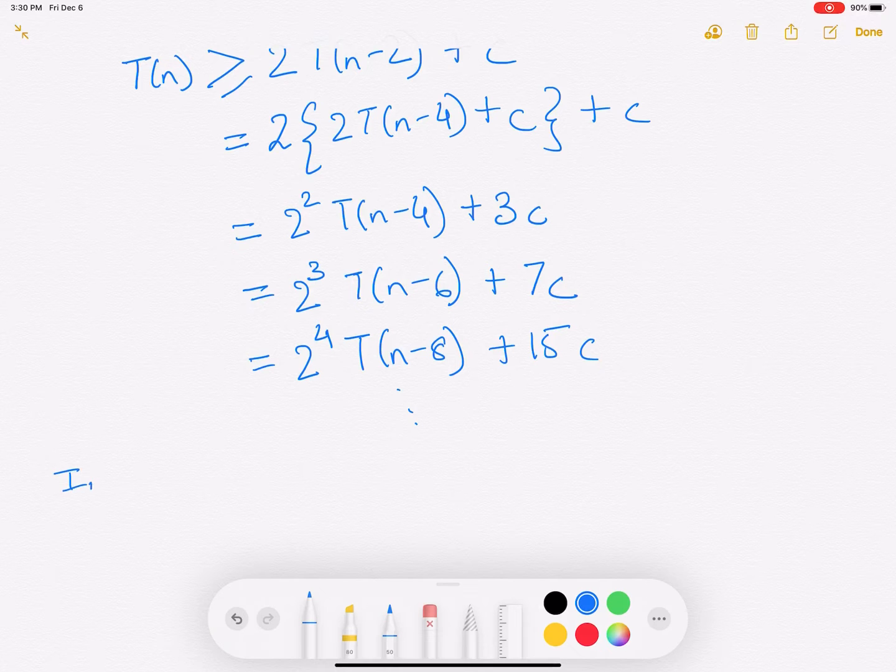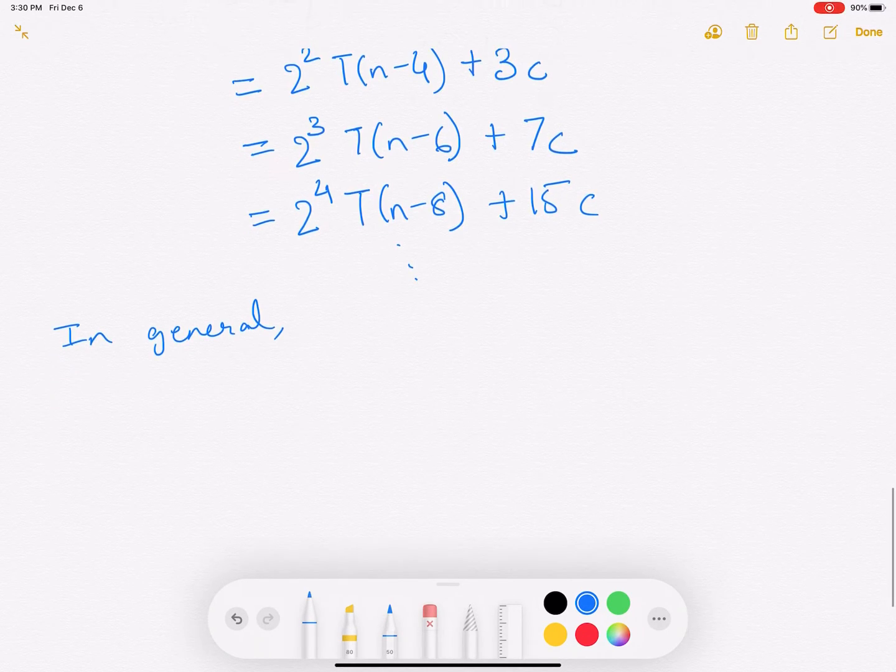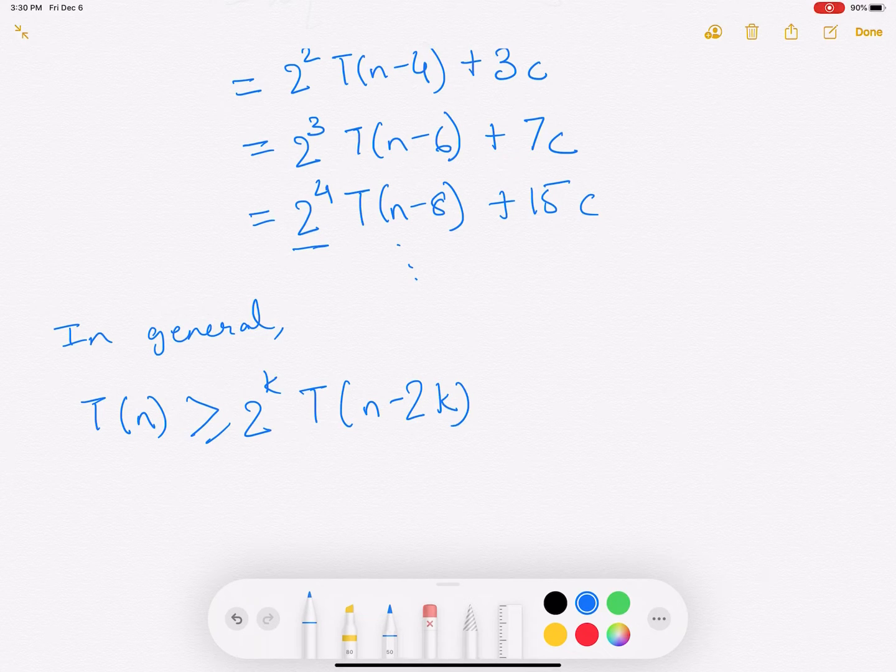In general, using this approach, T(n) is greater than or equal to 2 to the power k times T(n-2k) plus (2 to the power k minus 1)c. Because you see this 15 is nothing but 2 to the 4 minus 1. That's what we're exploiting to get the general trend here.